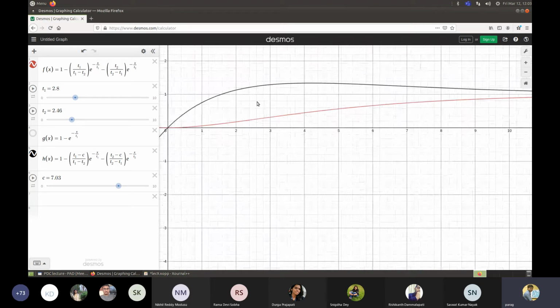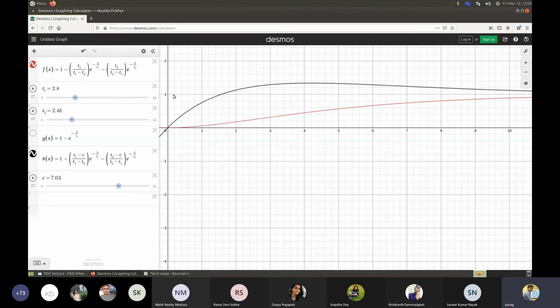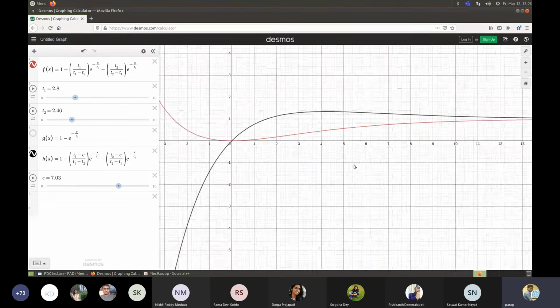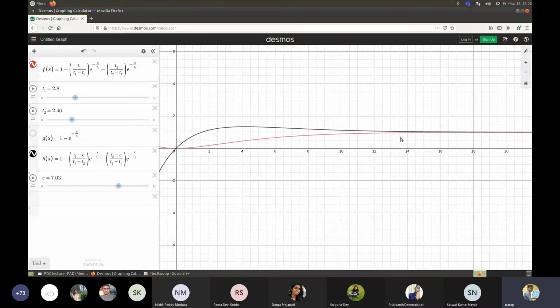You see here, the step function was only unity, but now it has gone above unity. However, ultimately it would settle down to the unity, right?